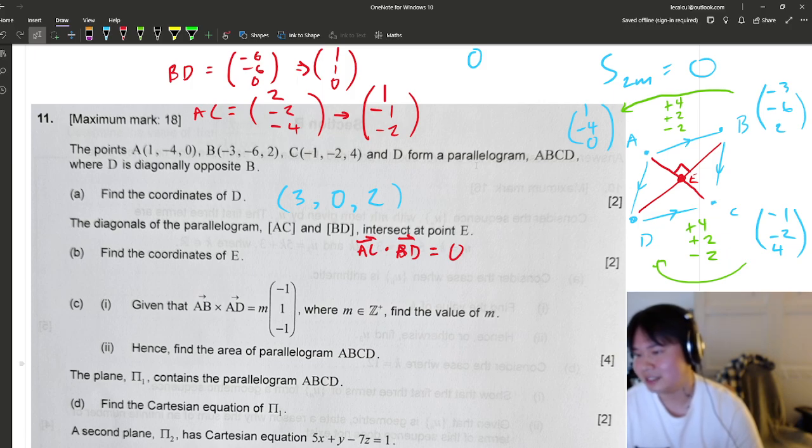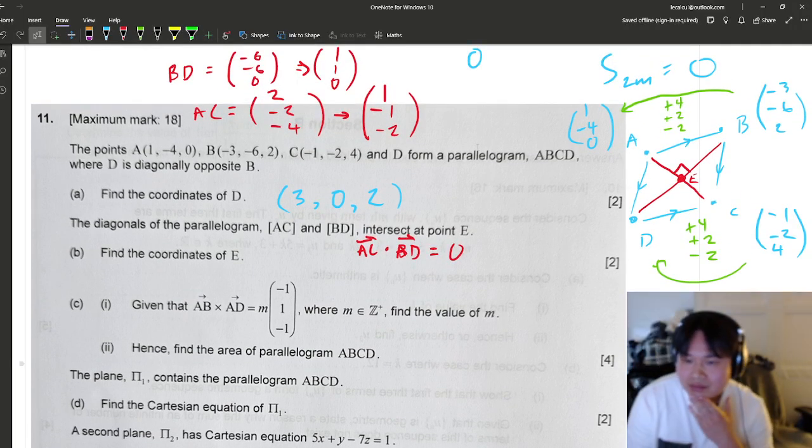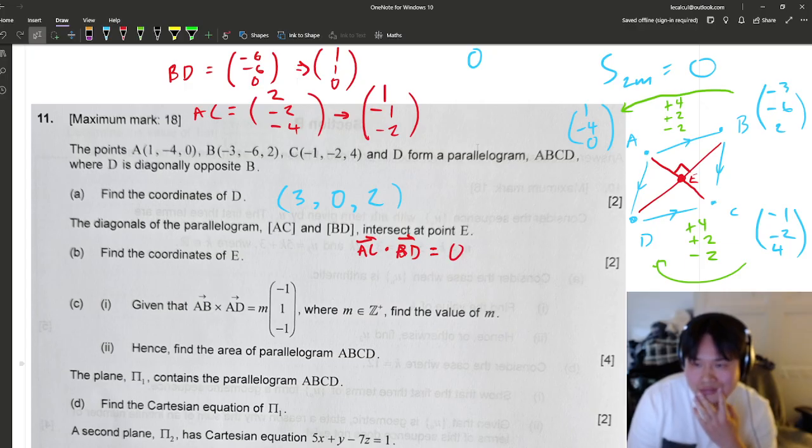Wait, how does this find me point E? This is obviously, whoops. Oh, do I have to do it the long way? I'm sure there's a shorter way.